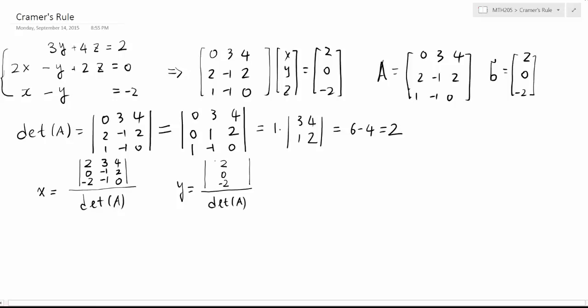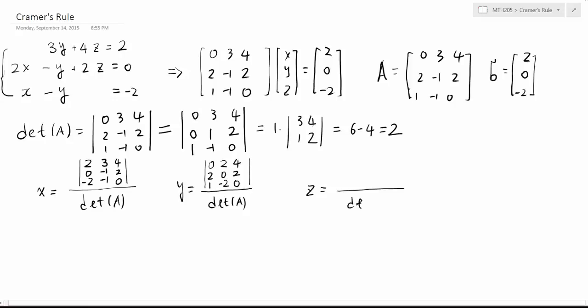Looking at the coefficient matrix, we copy the rest of the columns, 0, 2, 1, and 4, 2, and 0.